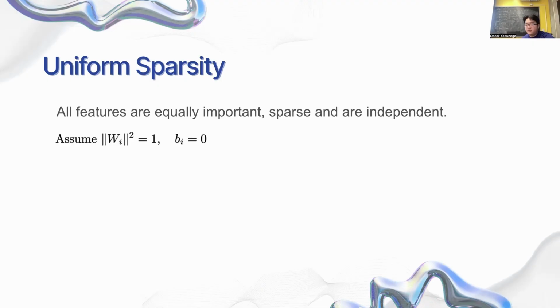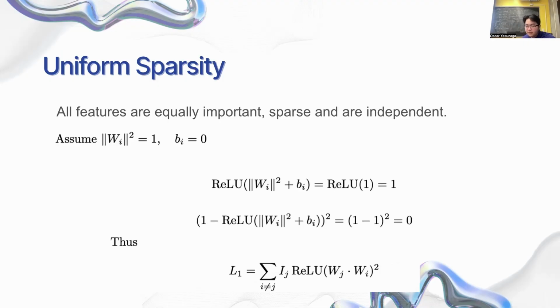And after some math, or under certain conditions, you can view this as a generalization of the Thomson problem. So if you imagine that all these features are equally important, equally sparse, and independent, and then assume that the column vectors are all equal to 1 with the bias equal to 0, you can do some calculations so that the first term is always equal to 0. And so the loss is just reliant on this interference.